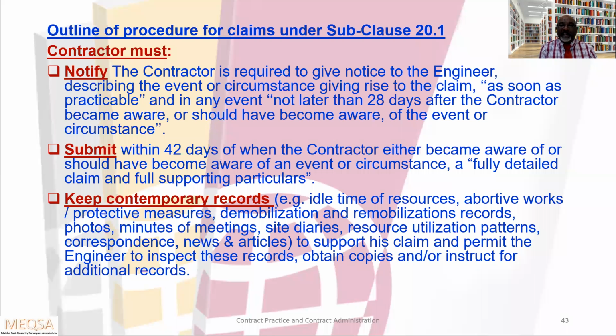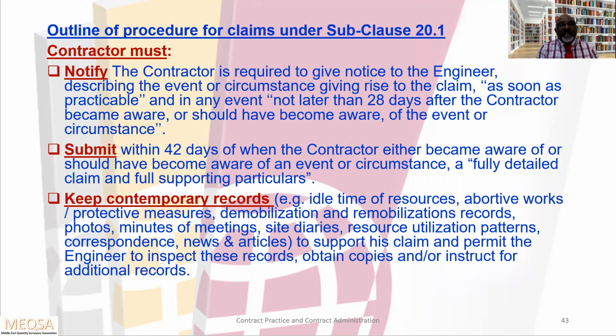And I have given the example for this contemporary record as well. The first one, the contractor is required to give notice to the engineer describing the event or circumstance giving rise to the claims as soon as practicable and in any event not later than 28 days after the contractor became aware or should have become aware of the event or circumstance.